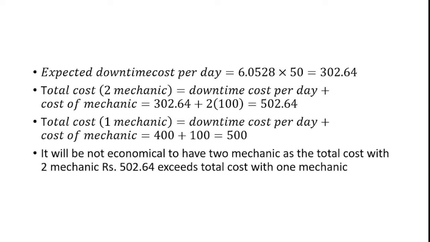Finally I make a decision: it will not be economical to have two mechanics, because if I utilize two mechanics I have to spend rupees 502.64, which exceeds the cost of one mechanic. The one mechanic cost is rupees 500, so the economical manpower allocation to my servicing station is one mechanic, which can be calculated through this procedure.